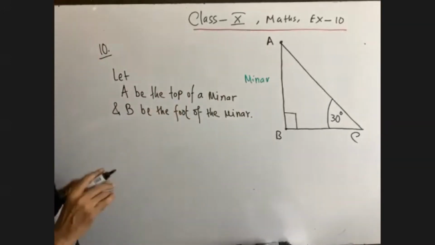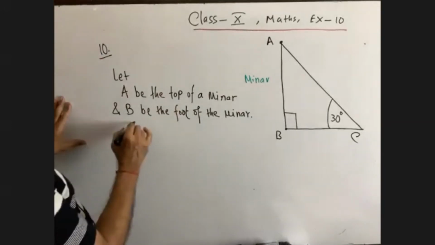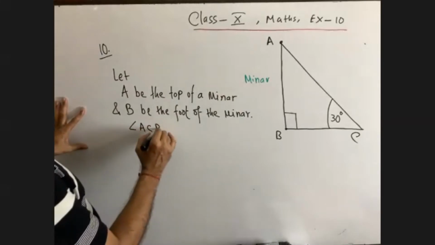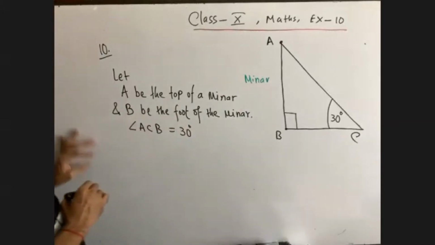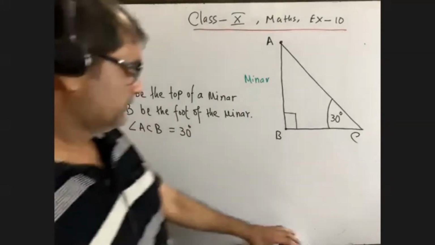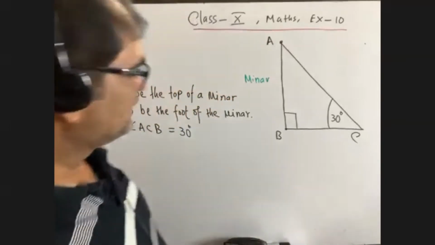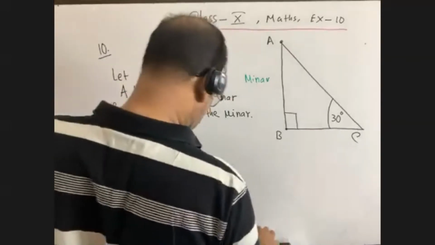Okay, what I have mentioned here, angle ACB is equal to 30 degree. What else is given in the question? Okay, we have to see. The height is given as 26 meter. Very good. It is 26 meter.